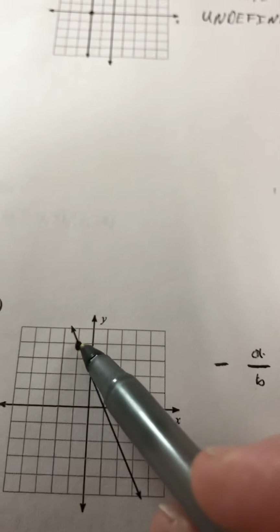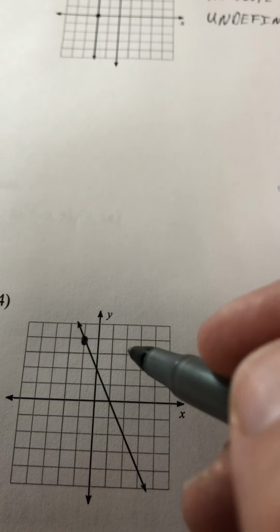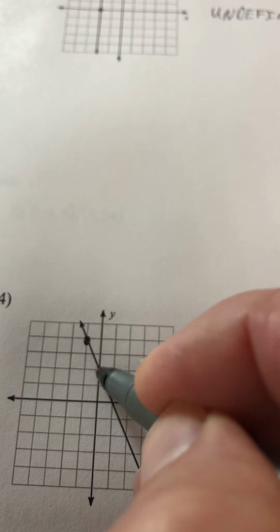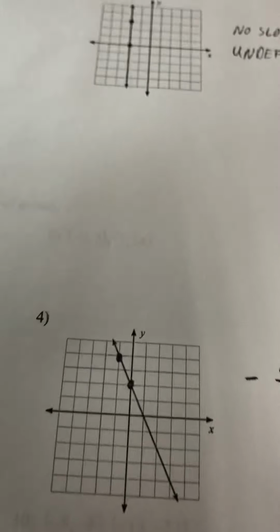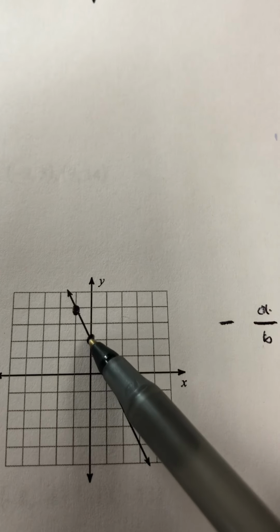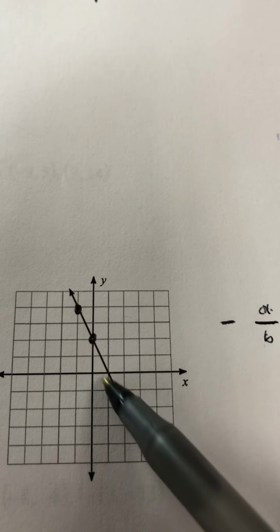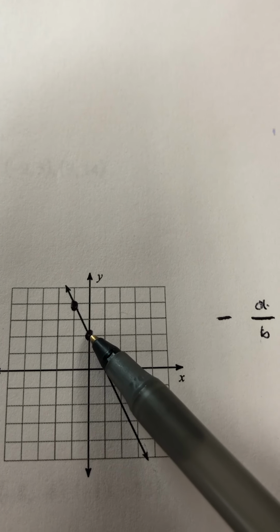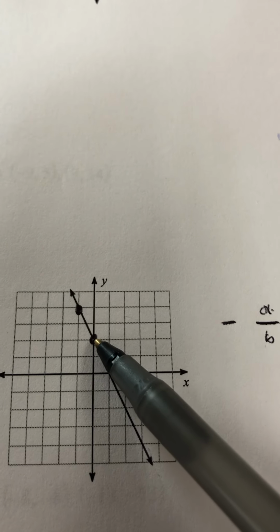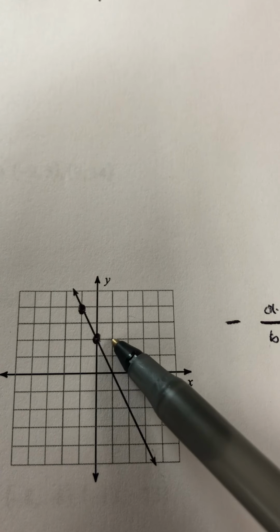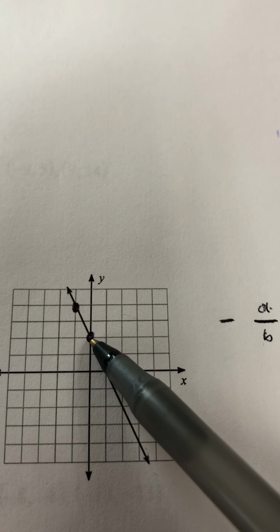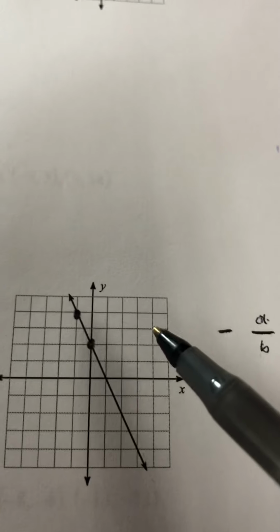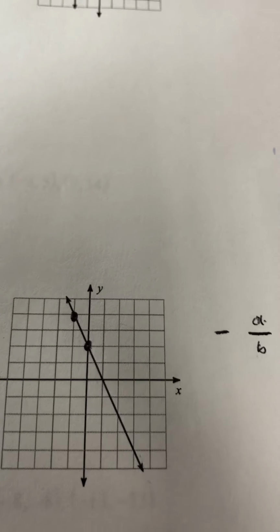So I'm going to count from this point to, it looks like right here. You want to get where the line on your graph crosses right at an intersection of a y and x value, a whole number value, so that you can easily determine what the slope is.